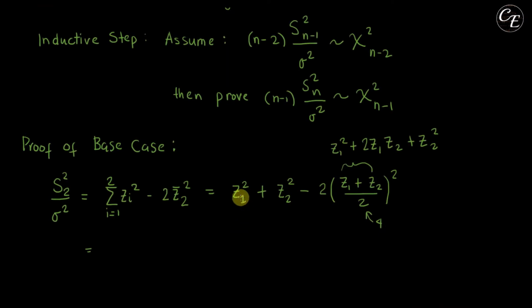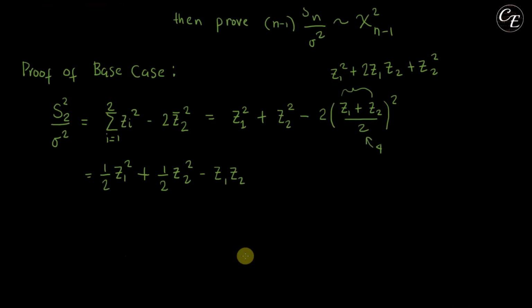So we have here z sub 1 squared minus 1/2 of z sub 1 squared is 1/2 of z sub 1 squared, and then plus z sub 2 squared minus 1/2 of z sub 2 squared is 1/2 of z sub 2 squared, and then the remaining 1/2 of this one, which is just z sub 1 times z sub 2.